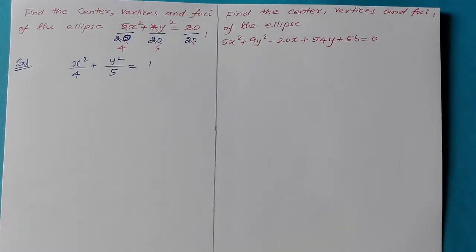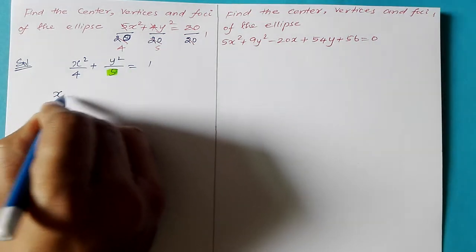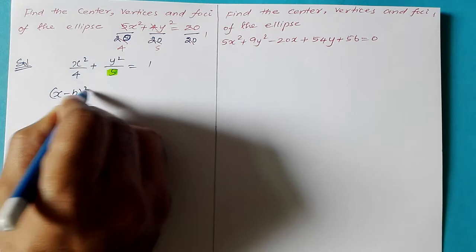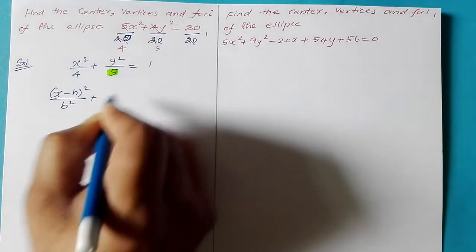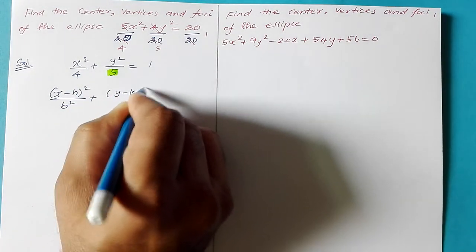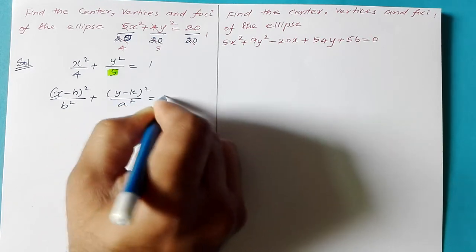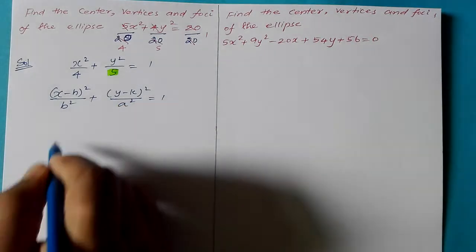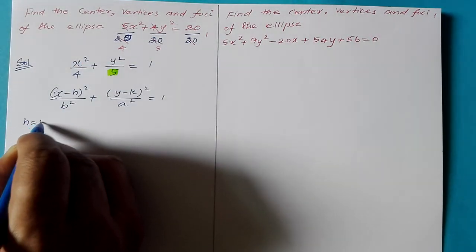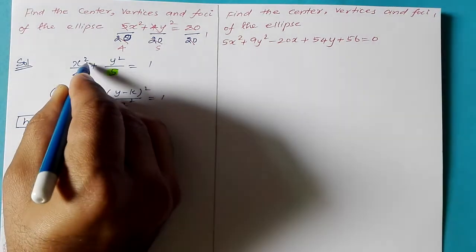I will compare with the standard type. What is the bigger number here? The bigger number is below y. Therefore, change in y. So I compare with (x minus h) whole square over b square plus (y minus k) whole square over a square, which is equal to 1. Now what is h, which is 0 about the origin.